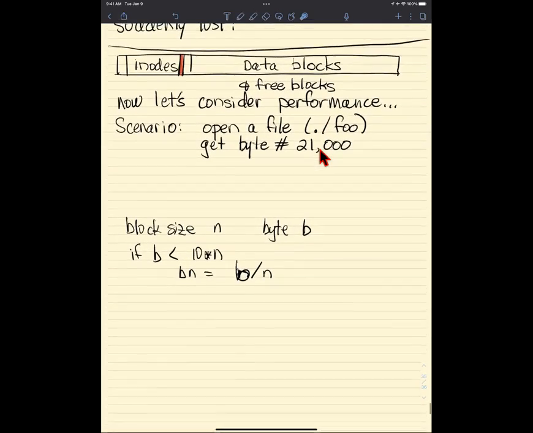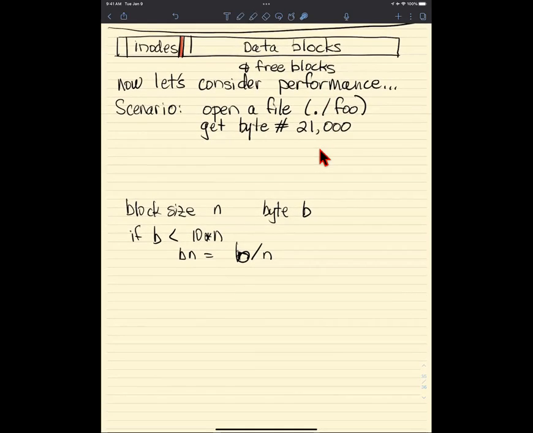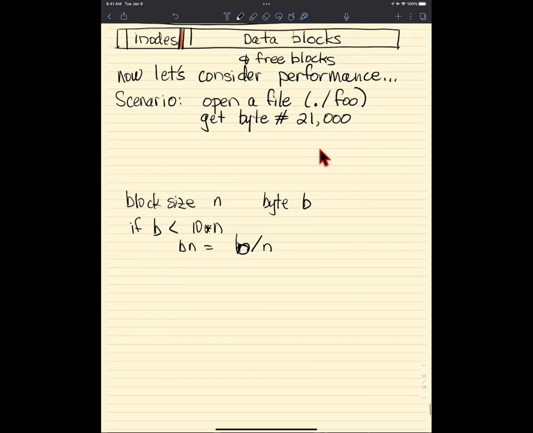No, not exactly. So Noah, you were interested in what that algorithm was. So I was just starting out the definition of the algorithm. Okay, let's say n was 512. So 10 times 512 would be 5,120. So if b is less than 5,120, it must be pointed to by one of the direct block pointers.